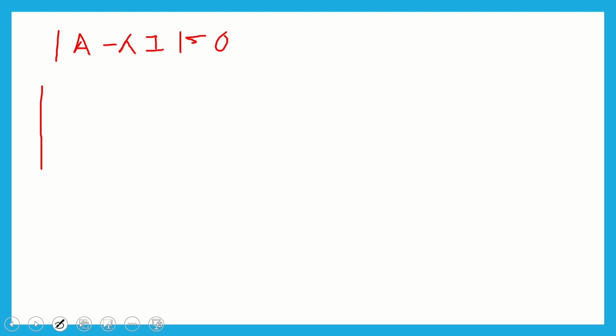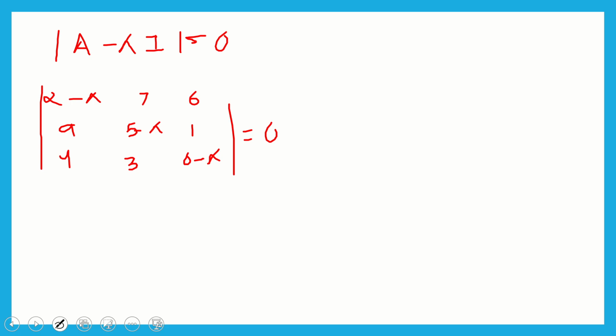So let us write down again: 2 minus lambda, 7, 6; 9, 5 minus lambda, 1; 4, 3, 8 minus lambda, is equal to 0. Just once check it. Okay, everything is right.